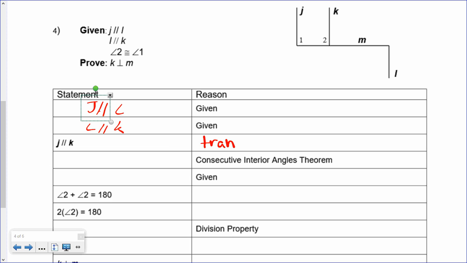So it cannot ever be substituted, and I'm about to say that in a second. Give me one second. Transitive, I think I spelled it right. Now, this is another thing that my third period was bothered by. If you guys wrote substitution, that would be incorrect. Substitution and transitivity are interchangeable only for congruency or equality, right?